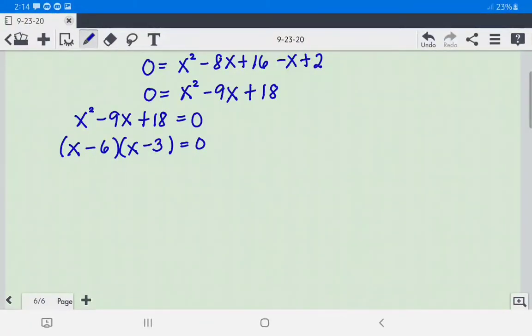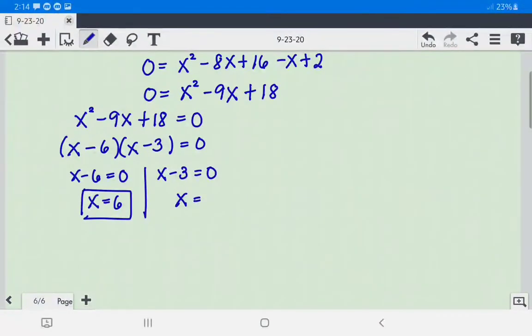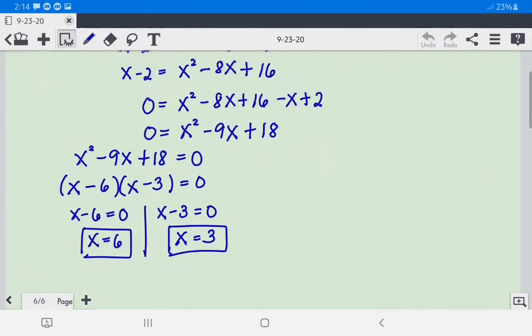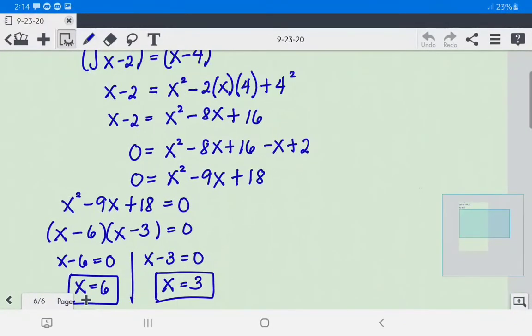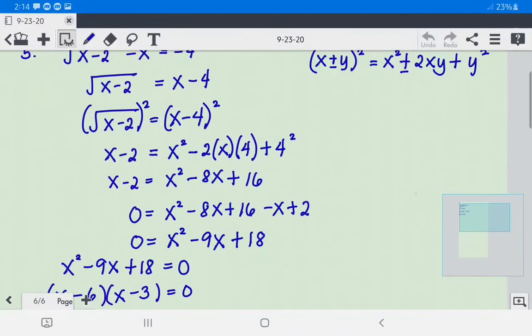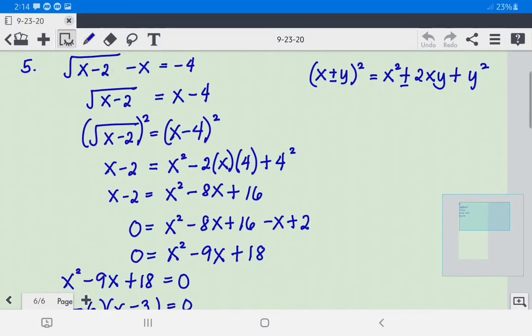Then, equate each factor to 0. x minus 6 equals 0, x is equal to 6. Then x minus 3 equals 0, x is equal to positive 3. So, let us check first.